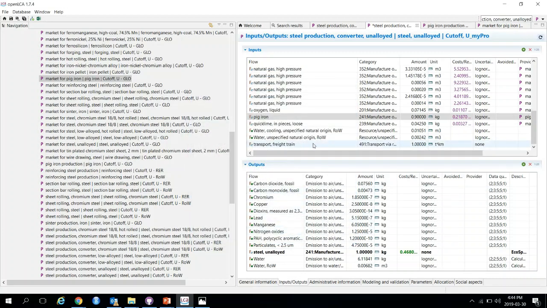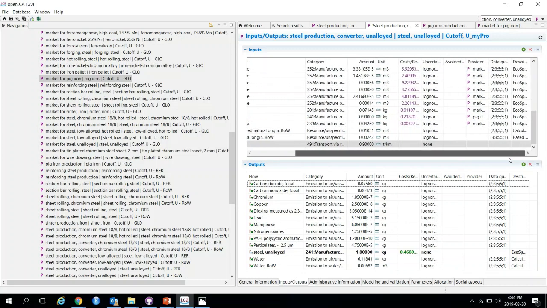Okay, so we added it, and let's assume we have pig iron, 0.9 kilograms, transported 1,000 kilometers, so it would be 900 kilogram kilometers, or 0.9 ton kilometers.